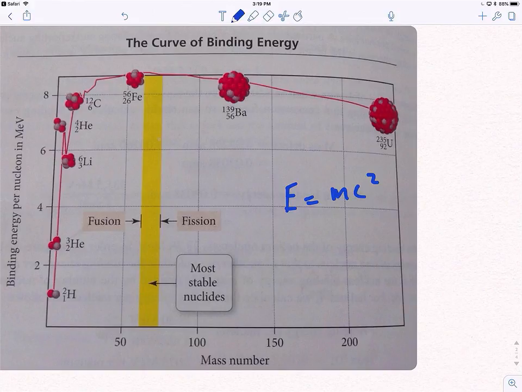When a bunch of protons and neutrons come together, they lose some of their mass and form binding energy. The mass loss equals mc squared. The mass they lose turns directly into energy. And so that's why things form.